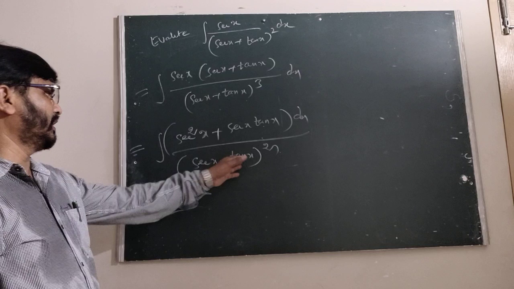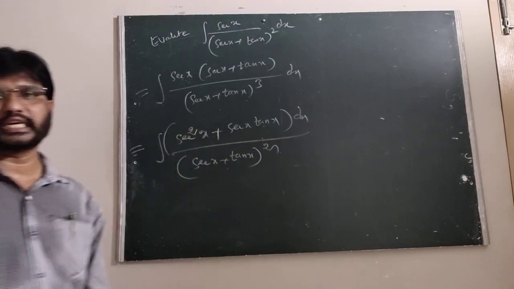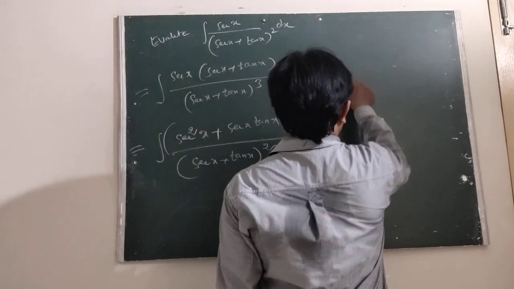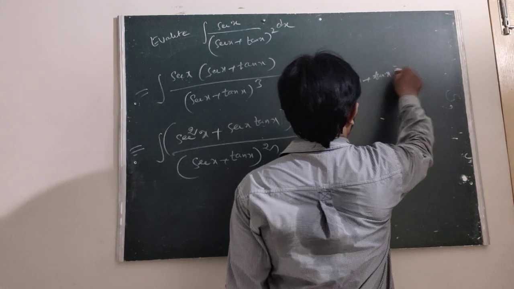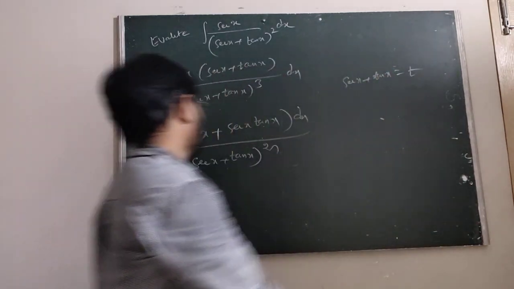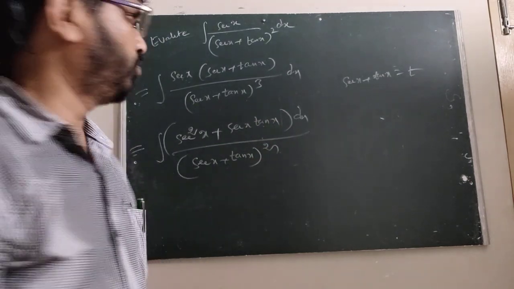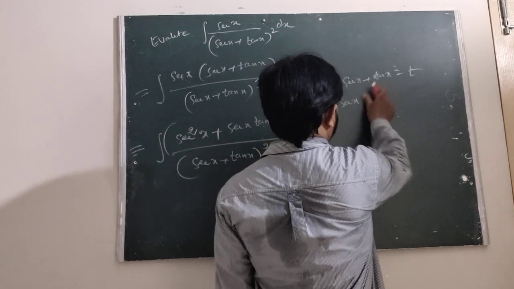The derivative of tan x is secant square x. The derivative of secant x is secant x into tan x. Now we can write: let secant x plus tan x be t.